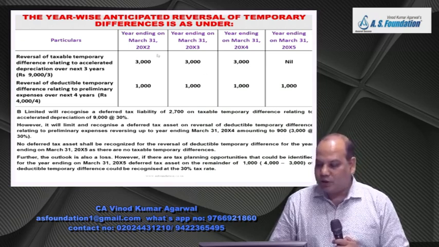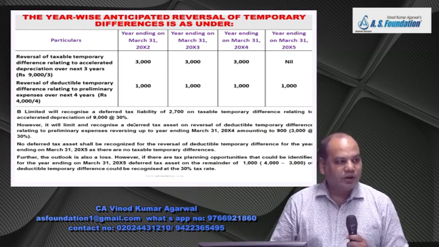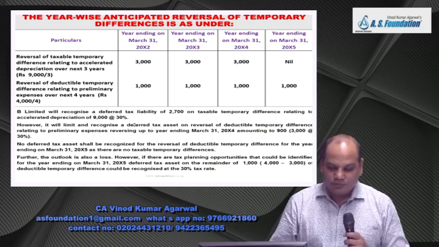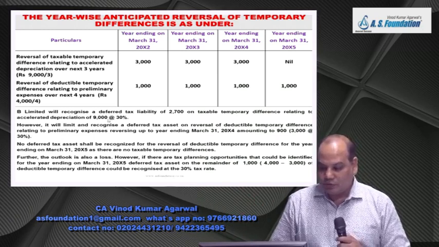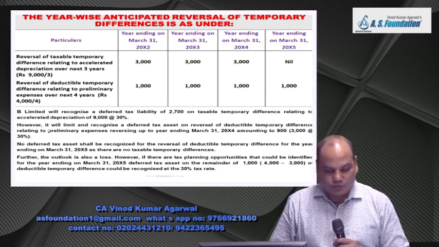For recognition of DTL, it is simple. 9,000 into 30%, 2,700 DTL will be recognized. So first point, B Limited will recognize a DTL of 2,700 on TTD relating to accelerated depreciation of 9,000 at the rate of 30%. But what about DTA? Note number 2.